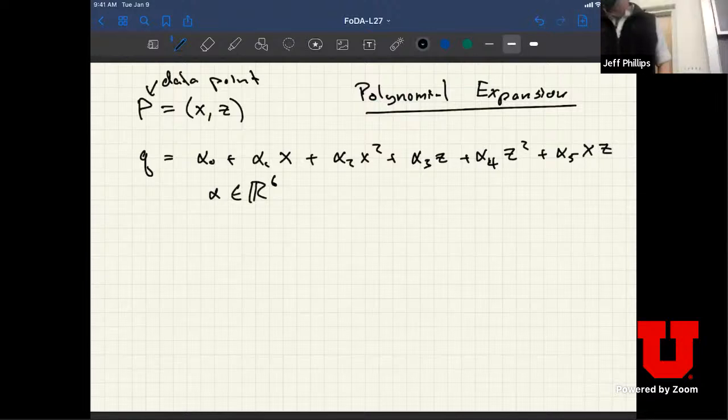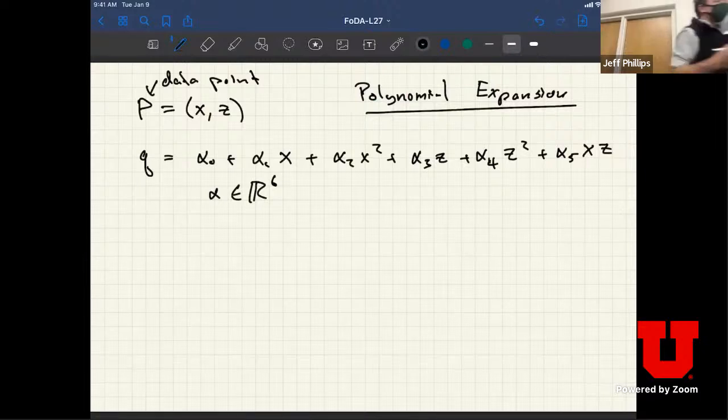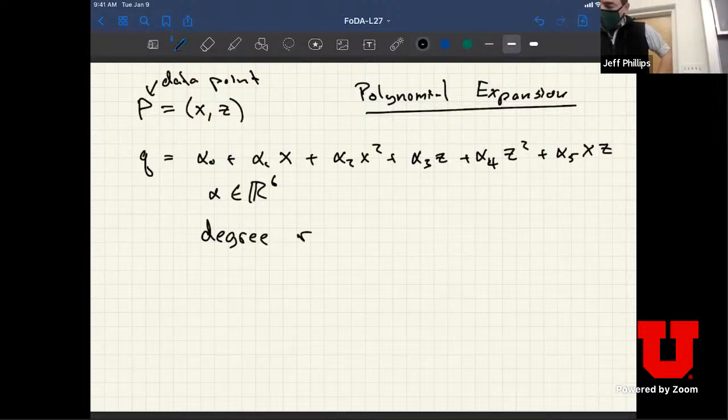In general, I want to consider all polynomial terms where the total degree is at most 2, or at most p. As I increase the terms of the polynomial, if I want degree r, the dimension q is going to be O of d to the r.